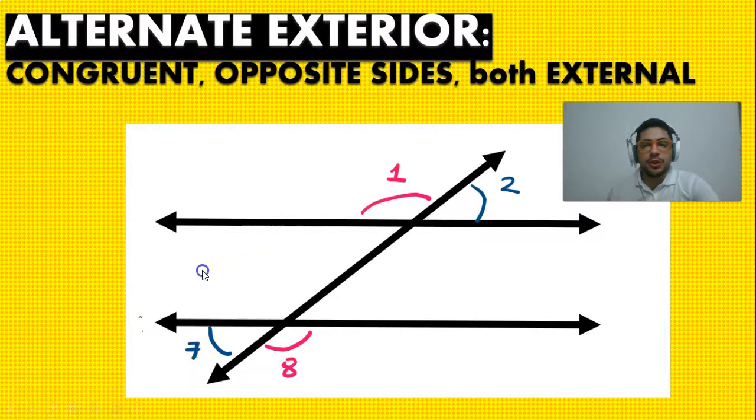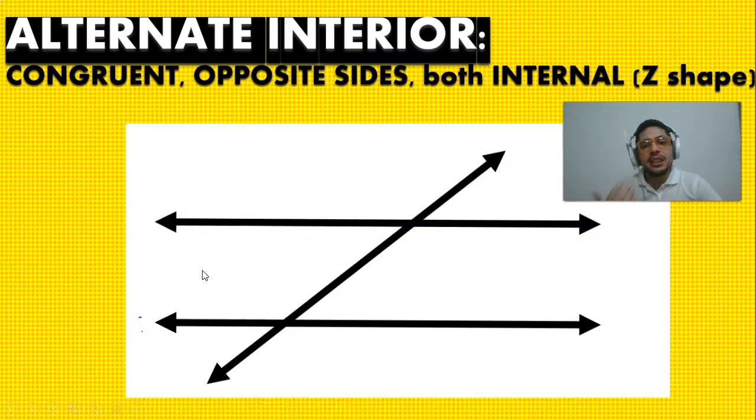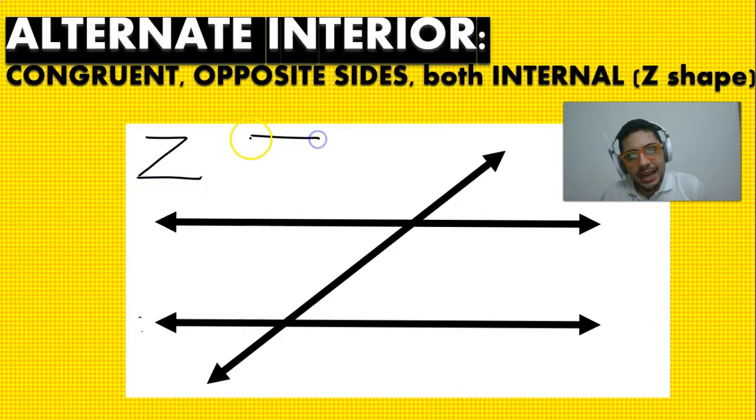After this, we're going to be taking a look at alternate interior angles, which are again congruent as well. They are on opposite sides, but in this case, they are not external, they are internal. And you can see them because they form a Z, like this or like this.